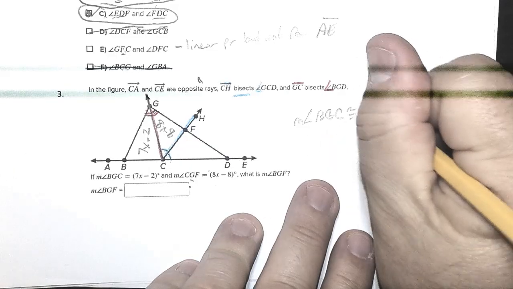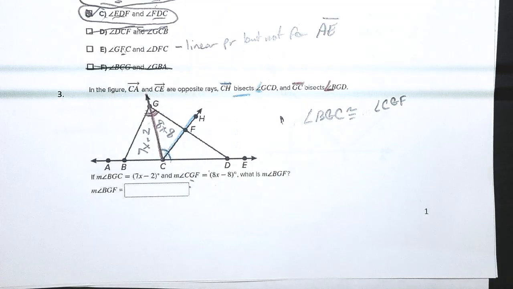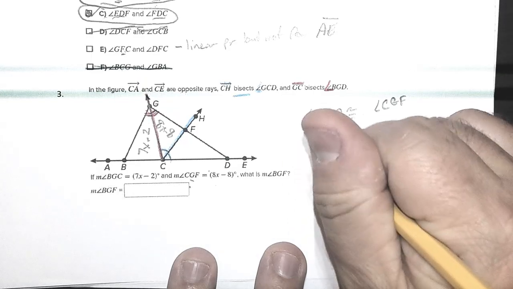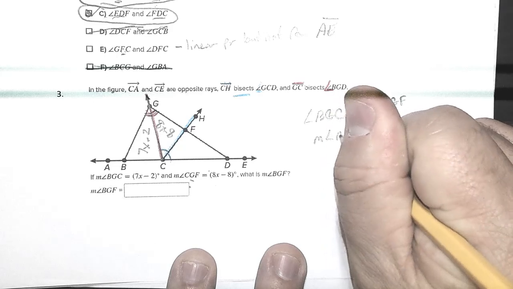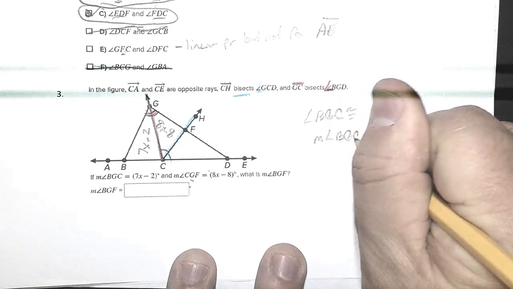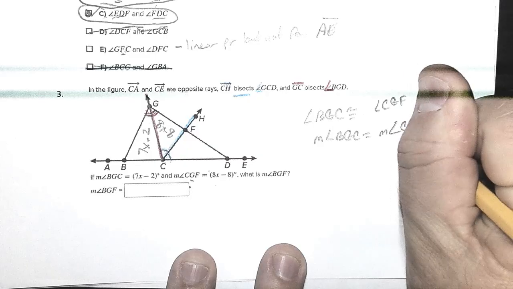Actually, the angles are congruent, because remember, the shape is congruent. Congruency is about shapes. Equal is about numbers, okay? So the angles are congruent. The measures of the angles are equal. Just try to be super official here for a minute.